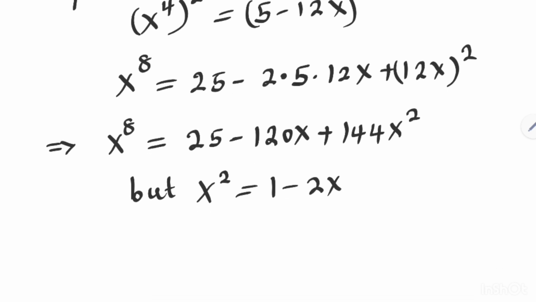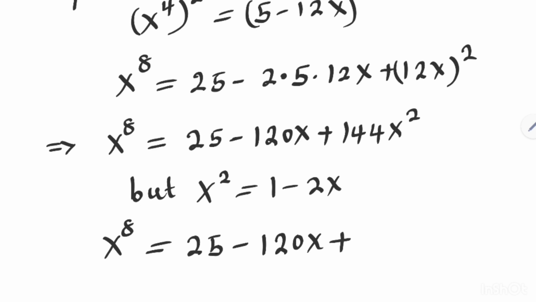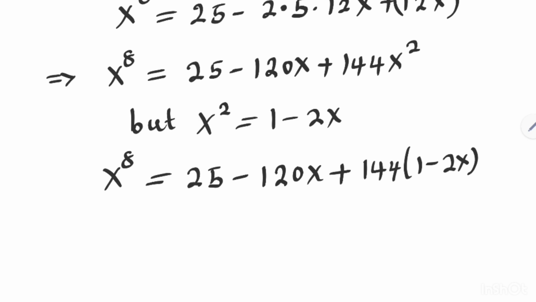Let's substitute. We have x raised to power 8 is equal to 25 minus 120x plus 144 bracket 1 minus 2x.